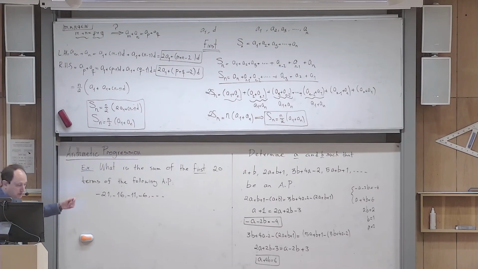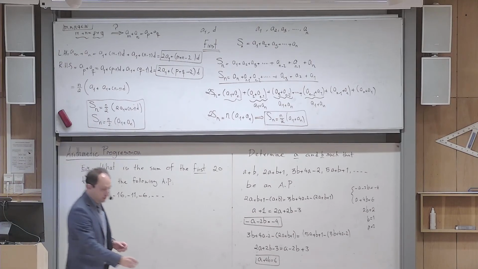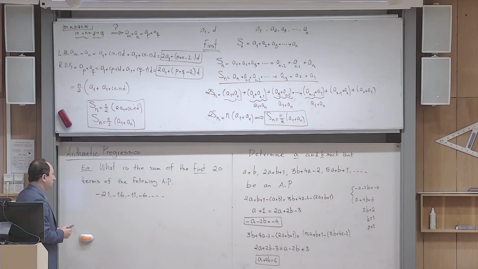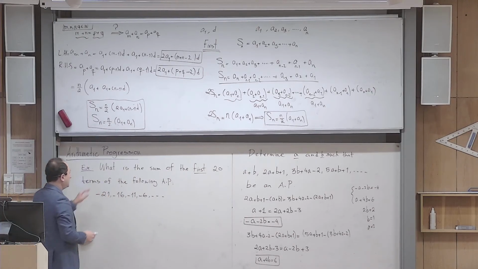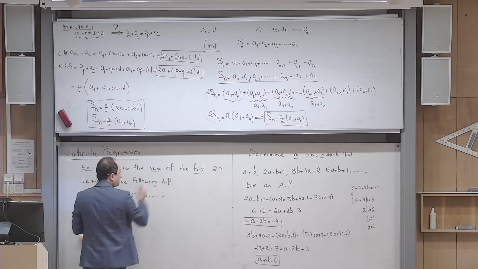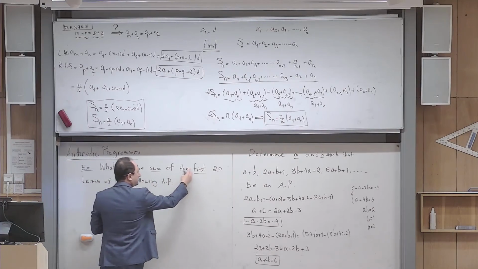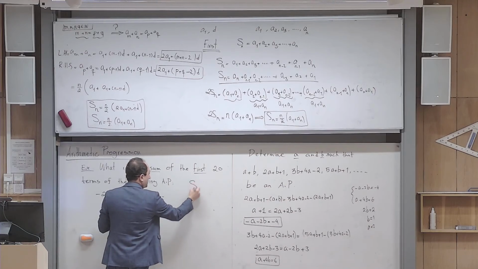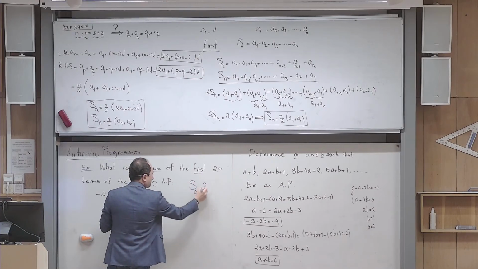You have some exercises like this in the book. So what should we do? First of all, I want you to understand what is the point of the question. They are asking about the sum, and they are asking about the first 20 terms. So this means exactly what they are interested in is S sub 20.